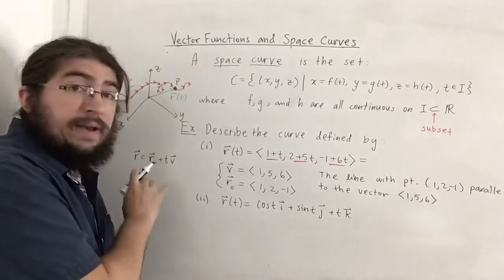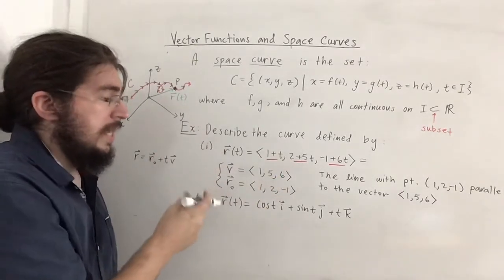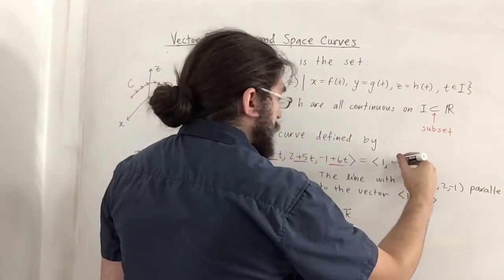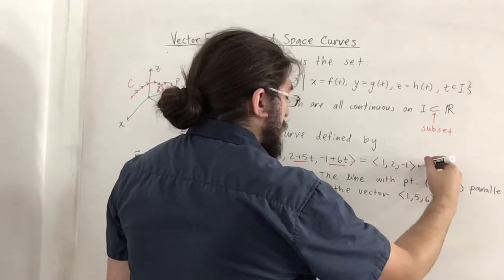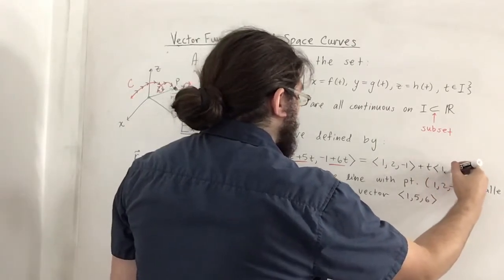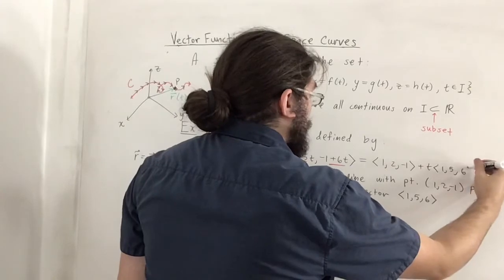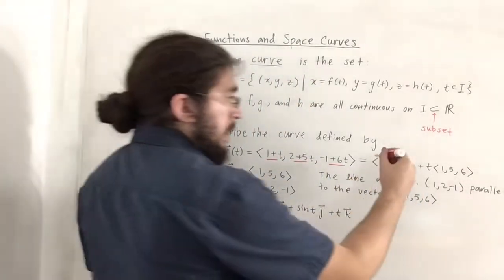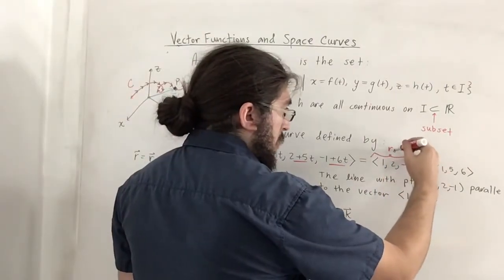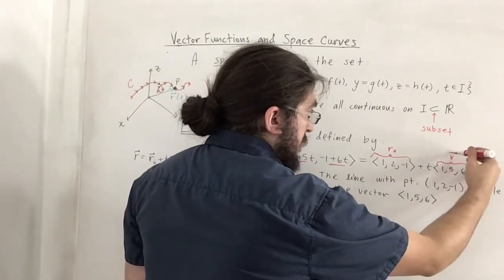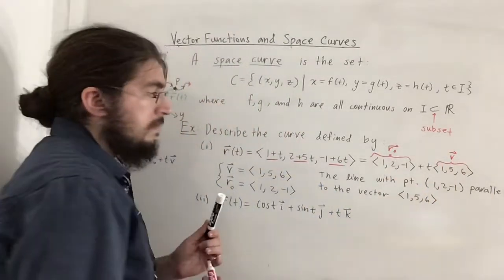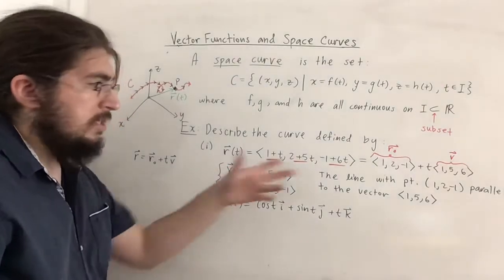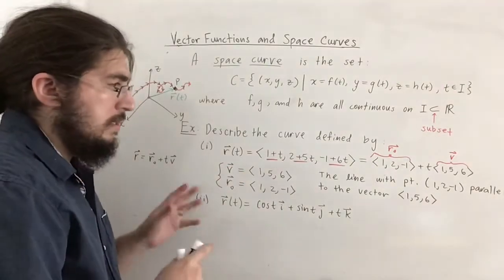In fact, we can split this up to be the vector 1, 2, negative 1 plus t times the vector 1, 5, 6. Perfect. And notice, we indeed have that this is r naught, and this is t times v. These are vectors, of course. Nice. So this is just representative of a line. Great. And we described the line. I'm not going to try to draw that out.